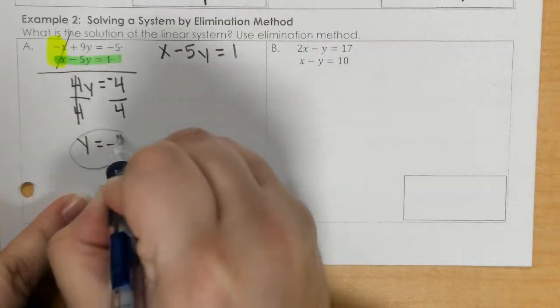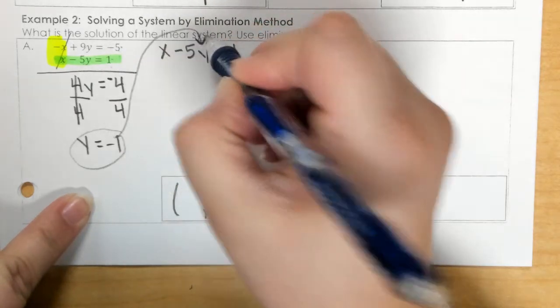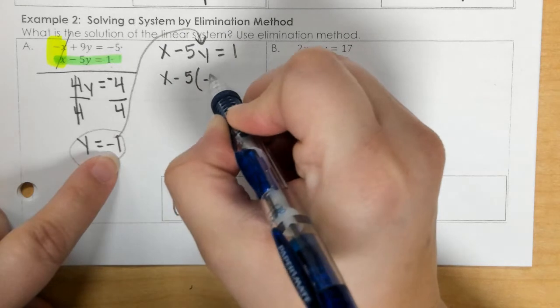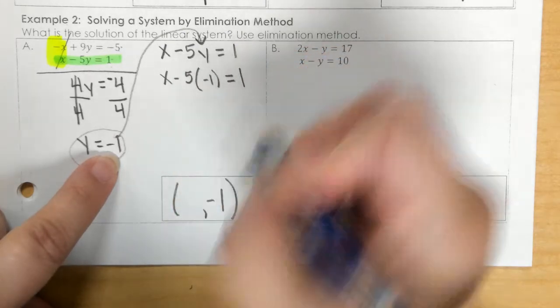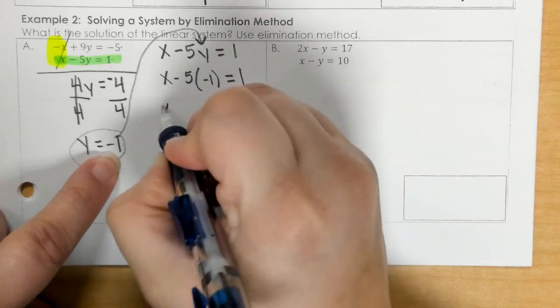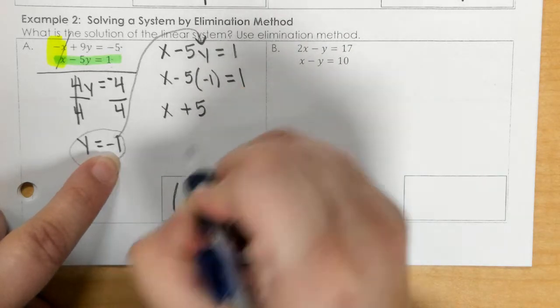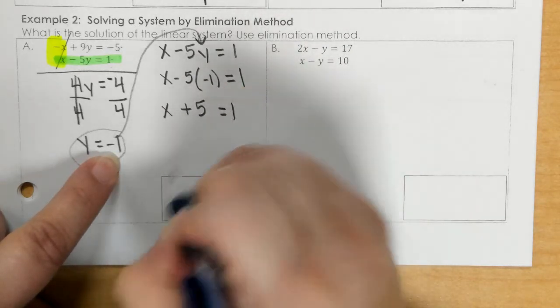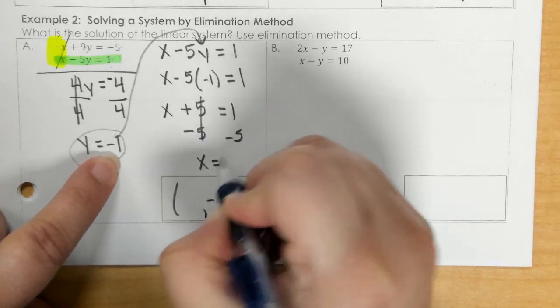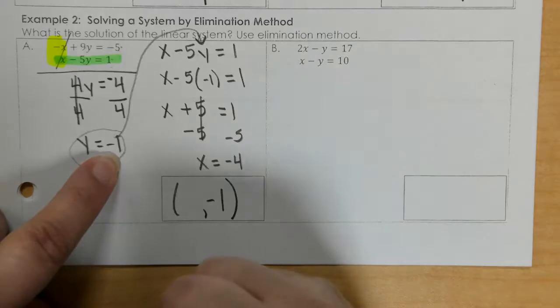I'm plugging this in for y. So I have x minus 5, parentheses, negative 1 equals 1. So if I multiply negative 5 and negative 1, that's a positive 5. And then lastly, subtract the 5, and x is negative 4.